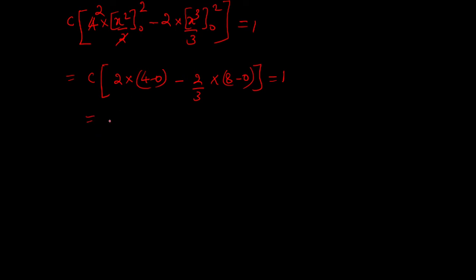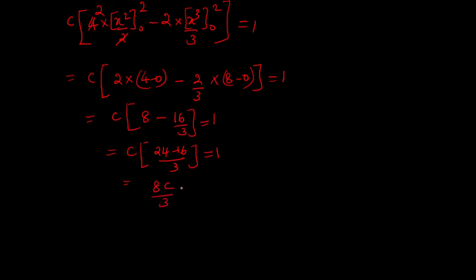That is c into 4 minus 0 into 2, 8 minus 8 into 6 by 3 equal to 1. And cross multiplying, c into 24 minus 16 by 3 equal to 1, which is equal to 8c by 3 equal to 1. Therefore, c is equal to 3 by 8. That's the value of c.